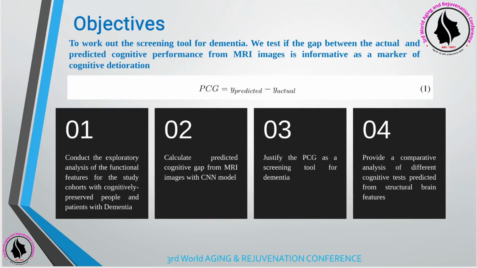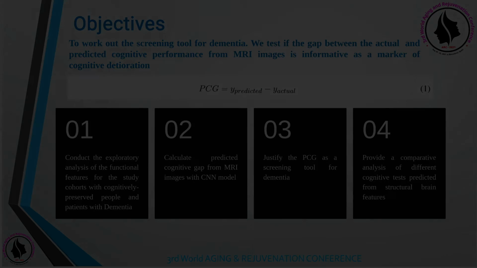By addressing this objective, we are formulating several tasks: specifically, to conduct exploratory analysis on the functional features for the study cohort, then to calculate the predicted cognitive gap from MRI images with a convolutional neural network-based regression model, then to justify the predicted cognitive gap as a screening tool for dementia, and finally to provide a comparative analysis of different cognitive tests predicted from structural features.